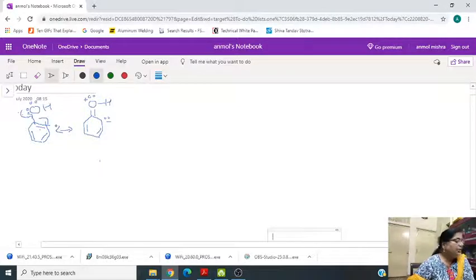Second method of preparation is by free radical mechanism. That is preparation of haloalkanes by free radical mechanism.